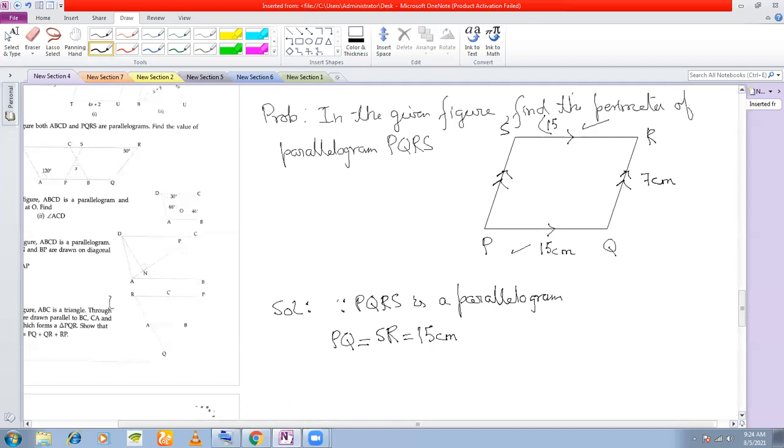This must also be 15, right? Also, this side must be equal to this side. That means QR must be equal to PS, must be equal to 7 centimeters. And what is the reason here? You will give a reason for both: opposite sides of a parallelogram are equal.